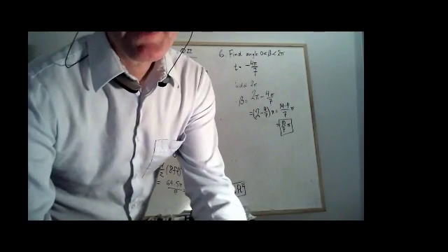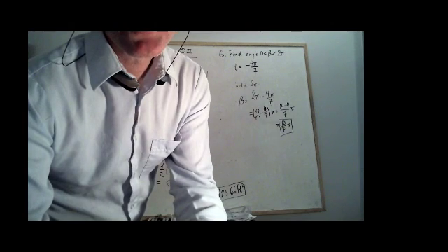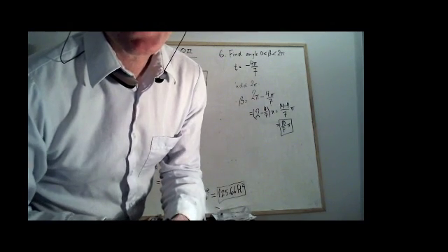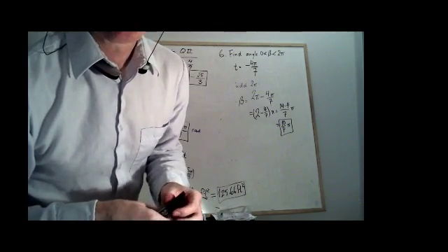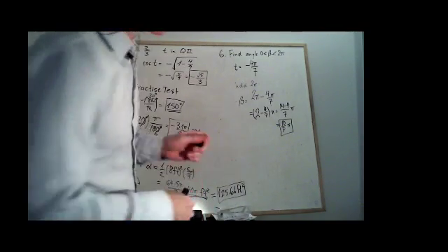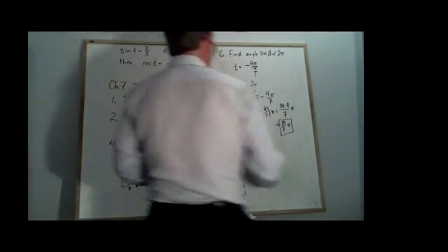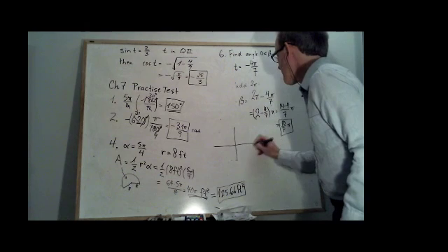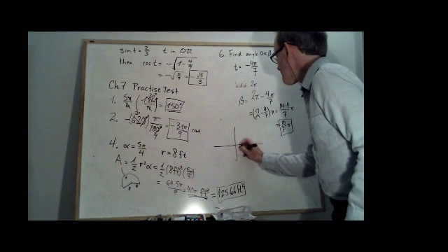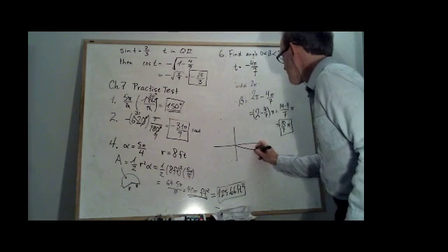Okay, now we do it again with: draw the angle minus pi over 6 in standard position on the Cartesian plane. Here we have to draw the picture. Minus pi over 6 is going to be somewhere down here.